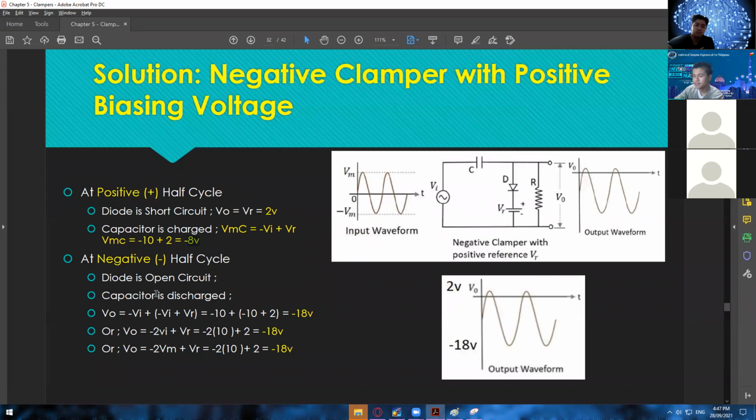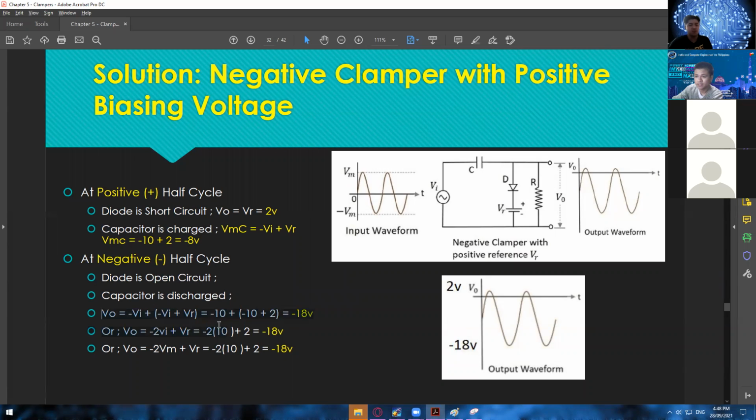And then during the negative half cycle, you can just use this formula. Hmm, I think I forgot to put the VMC. Well, anyway, this one is the VMC itself. So negative VI plus negative VI plus VR. Negative VI is negative 10 volts, plus negative 10 plus 2, which is our VMC itself. So negative 10 plus negative 8 is equal to negative 18 volts.